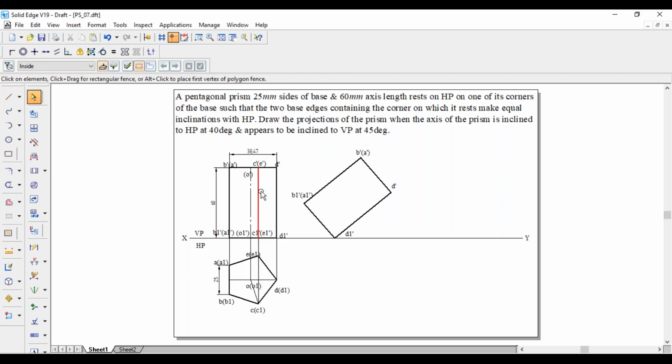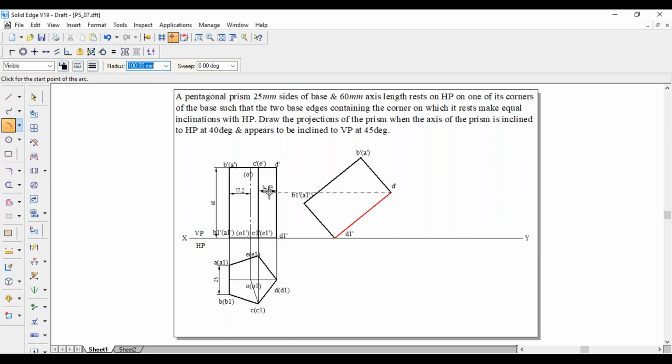Next, we still have to get this C dash C1 dash and the axis line. To get these two, the dimension between these two is 14.69, and from here to here it is 17.2. So D dash as center, 14.69 mm as radius, draw an arc.